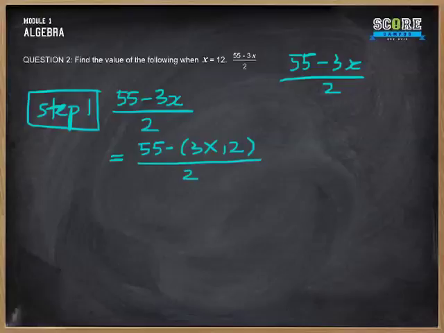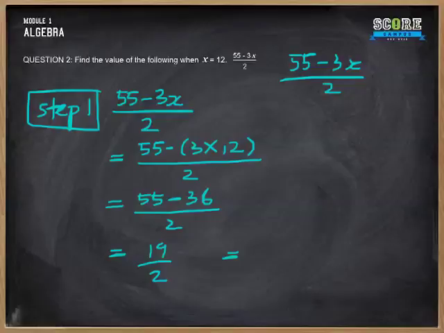You do the bracket first. So the next step is 55 minus 36. 3 times 12 is 36. 36 over 2. You get 19 over 2 from there. 55 minus 36 is 19. You get 19 over 2. You've got to simplify that to a mixed fraction. So you get 9 and 1/2. 9 and 1/2. And that's your final answer.